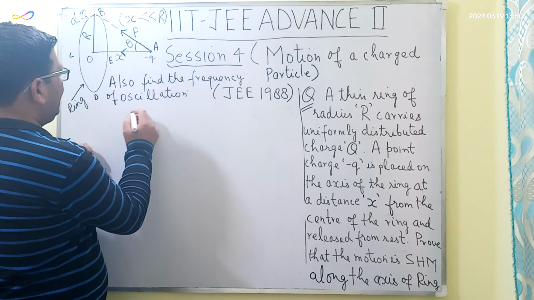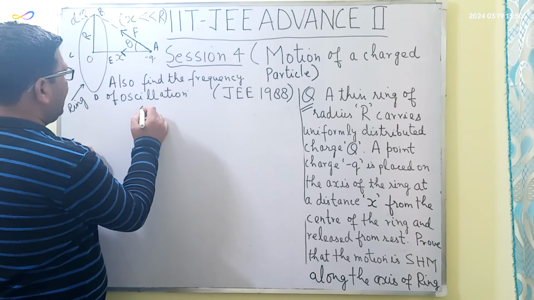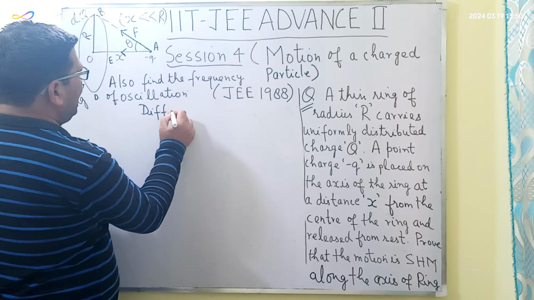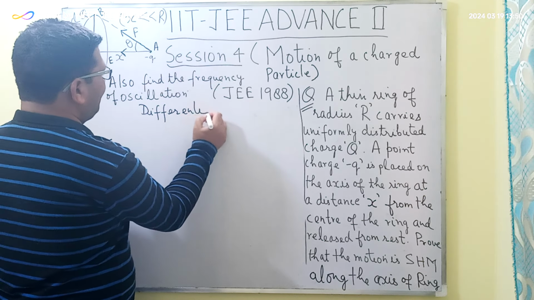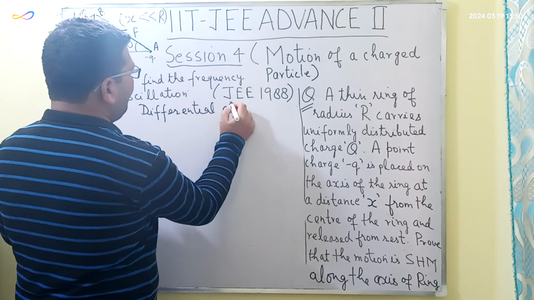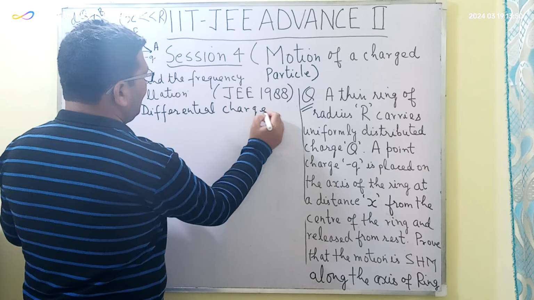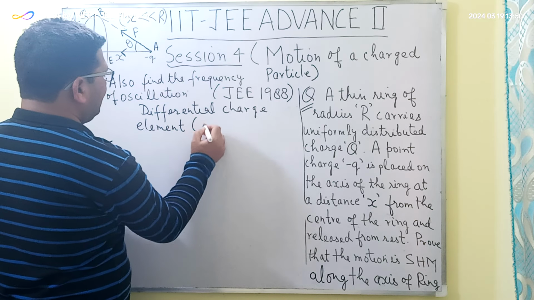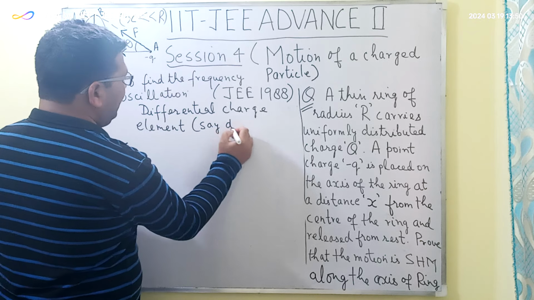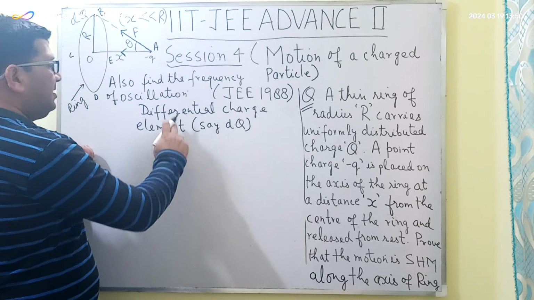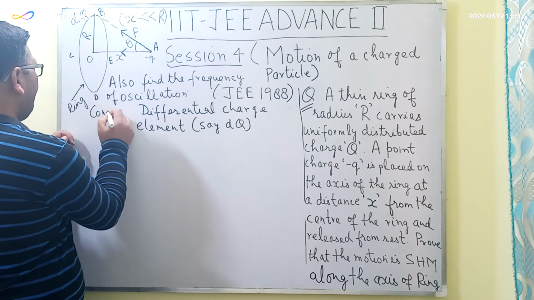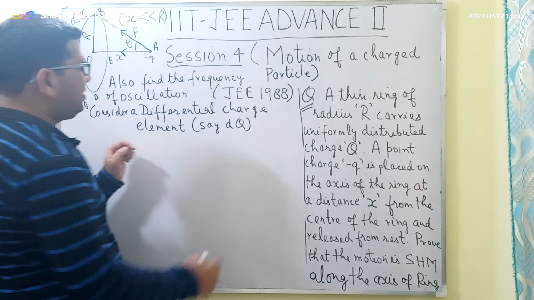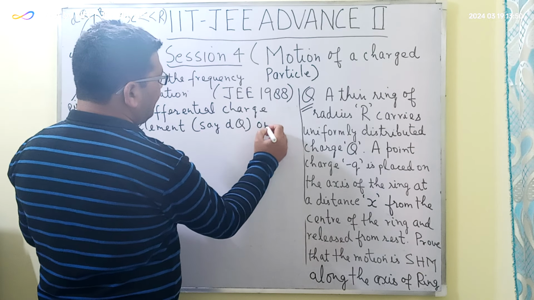So for solving this question, let us first of all consider a small differential charge element, say dq, on the surface of the ring.